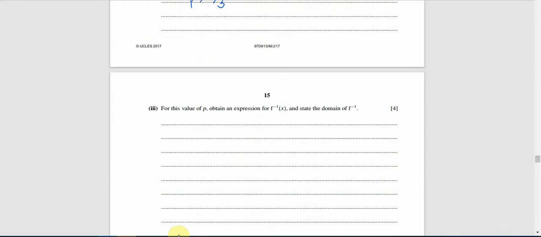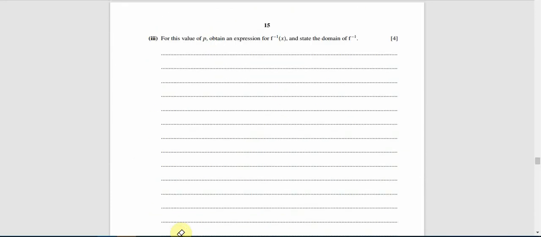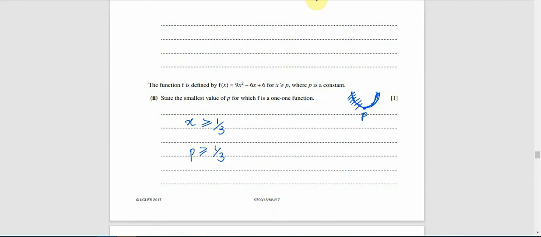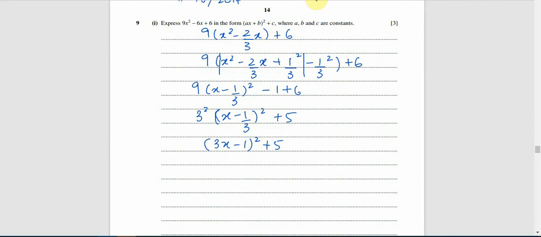Okay, so third part. Our third part says that for this value of p, obtain an expression for f inverse x and state the domain of f inverse. So first I'm gonna assume that my f(x) is equal to y, and from the first part I know the equation of f(x), and this is 3x minus 1 whole square plus 5.